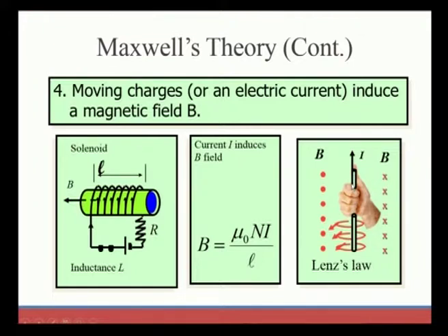If we hold the conductor this way, with the thumb showing the direction of current, the magnetic field direction is always anti-clockwise. If the current is moving downward, the thumb will indicate the current direction, and the magnetic field direction will be clockwise. This is Lenz's law.